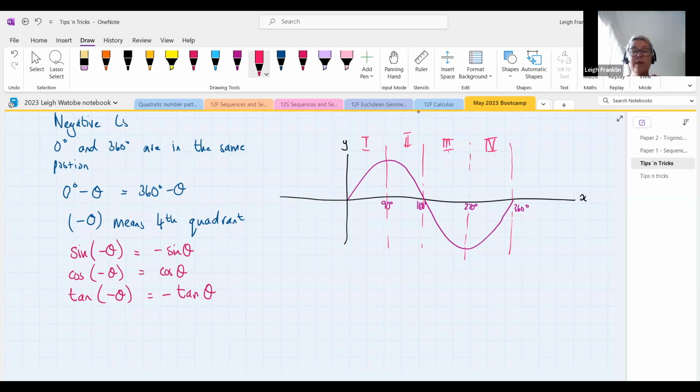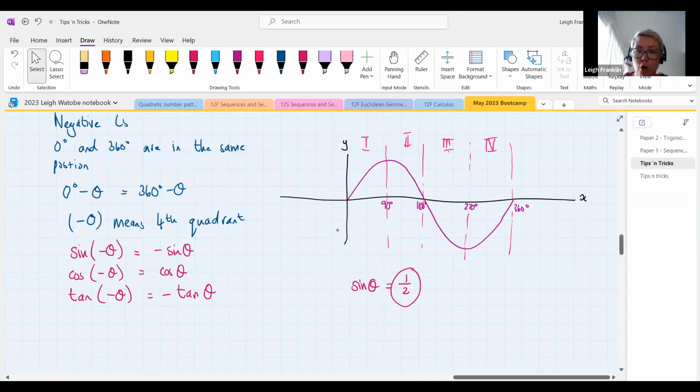Okay, so when we say that sine theta is positive in quadrants 1 and 2, it's because your ratio, your y value, your output value is a positive number. The graph is above the x-axis. Okay, so when you see something like sine theta is equal to 1 over 2, this number over here, your ratio, that is your output on your graph.